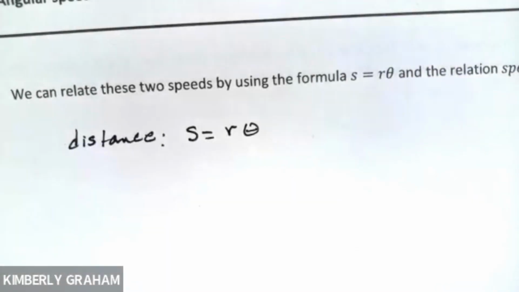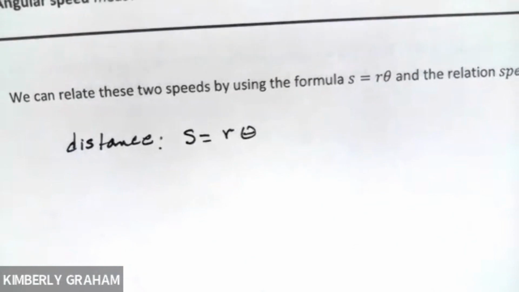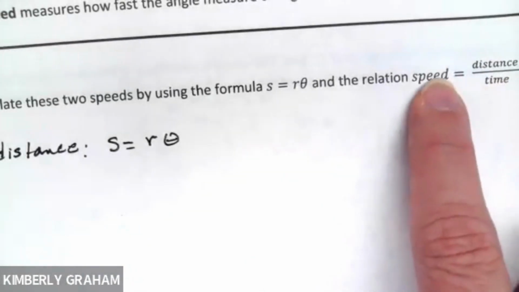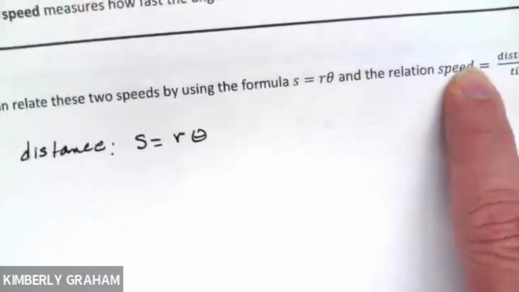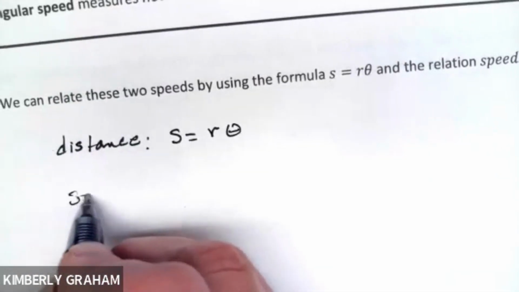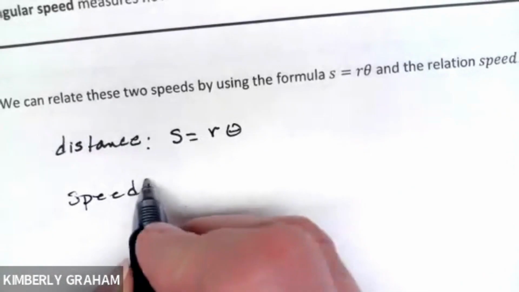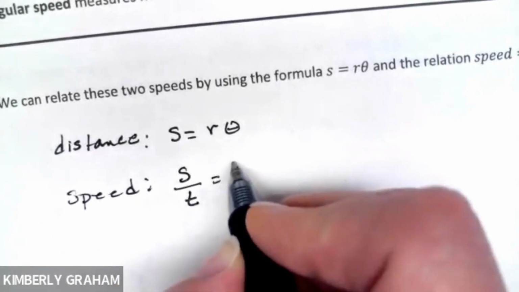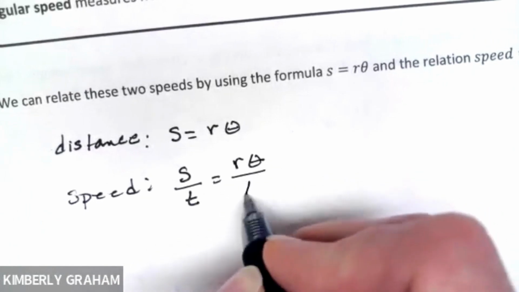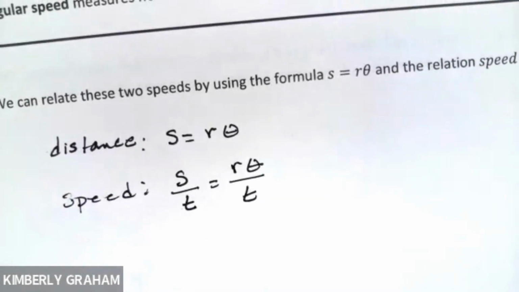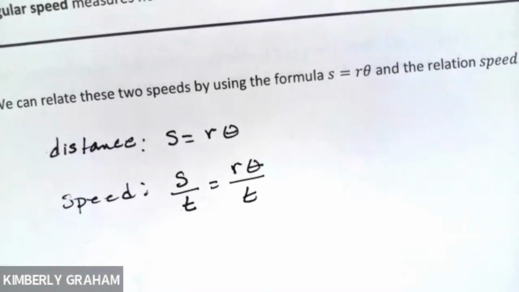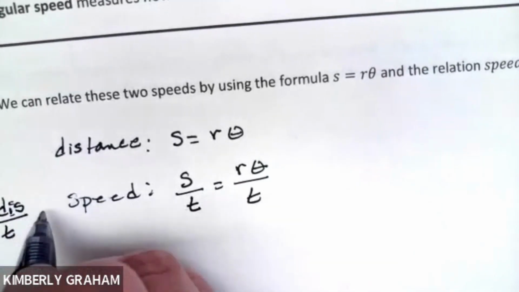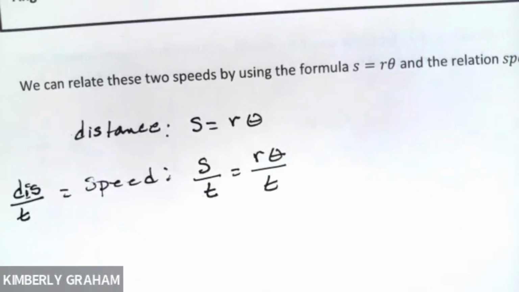That's my distance. If I take the distance and divide it by time, I will get my speed. So I'm dividing by time on both sides of that equation. Distance divided by time is my speed.